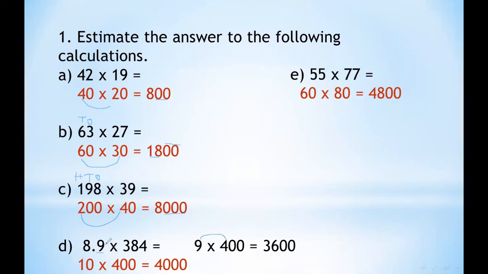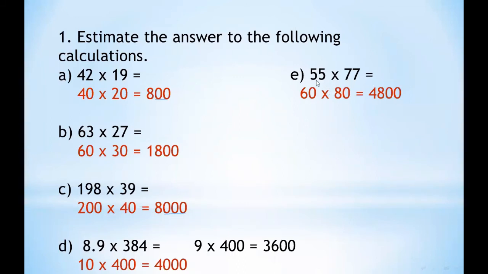Or you can say in one more way, the estimation 8.9 is closer to 10. So you can directly write 10 and 384 is 400. So 400 multiplied by 10 gives 4000. Both ways are okay. Estimation can be done in both ways here, because 8.9 when you round off is equal to the whole number 9. So you can do either 9 into 400 or 10 into 400.